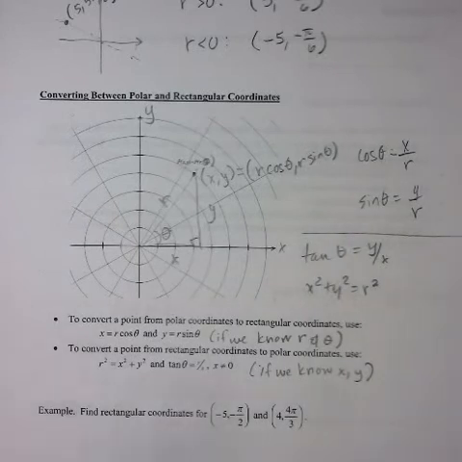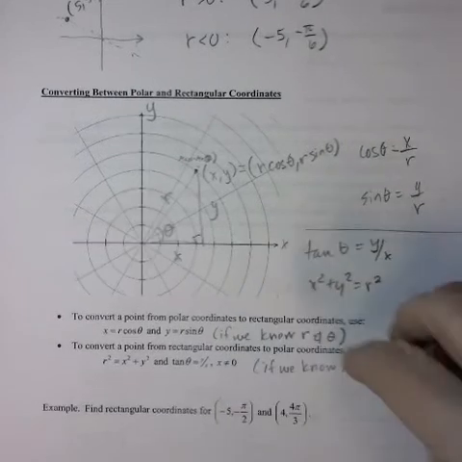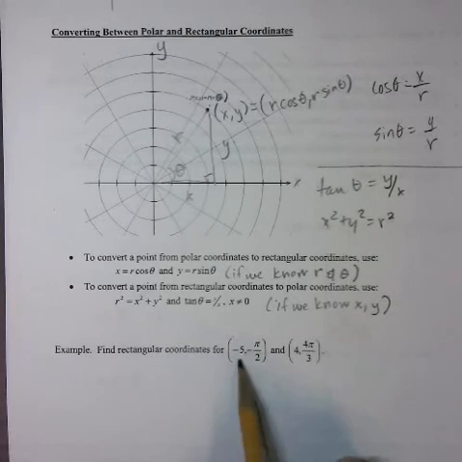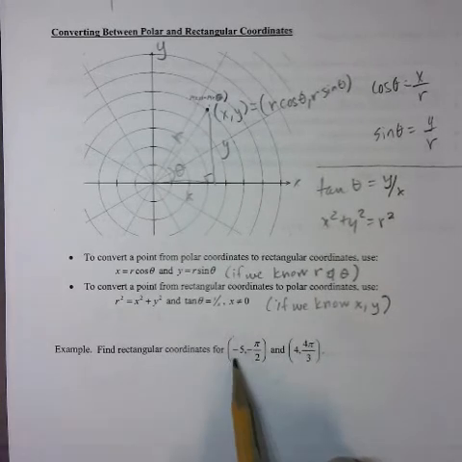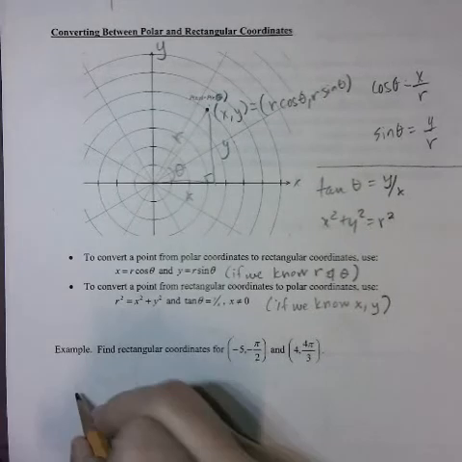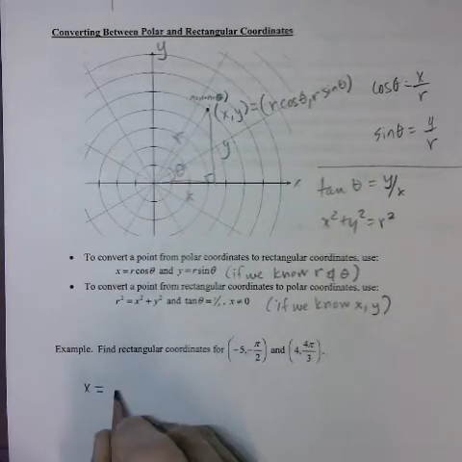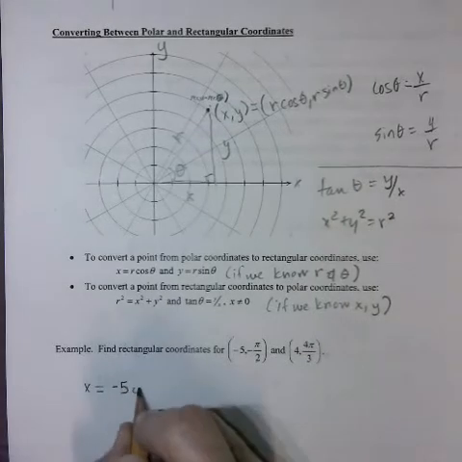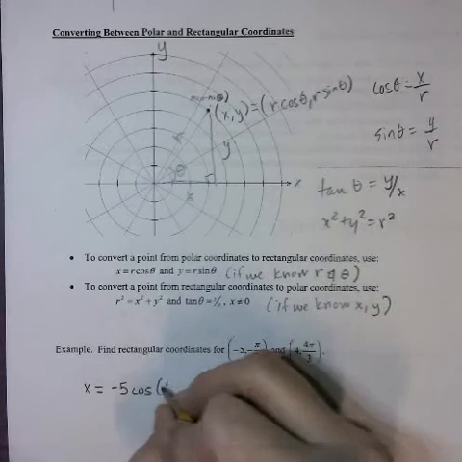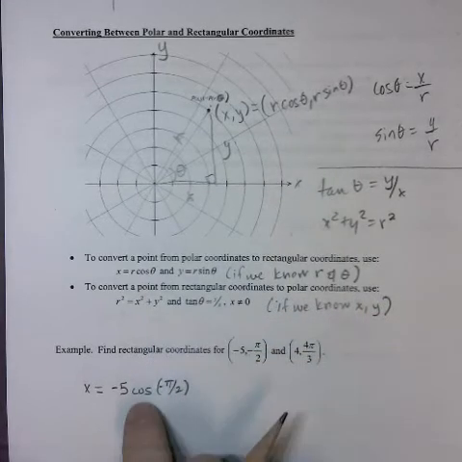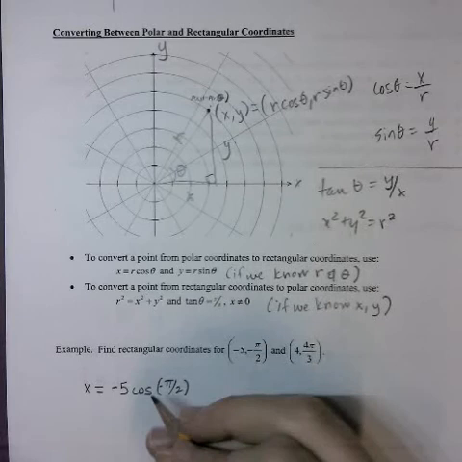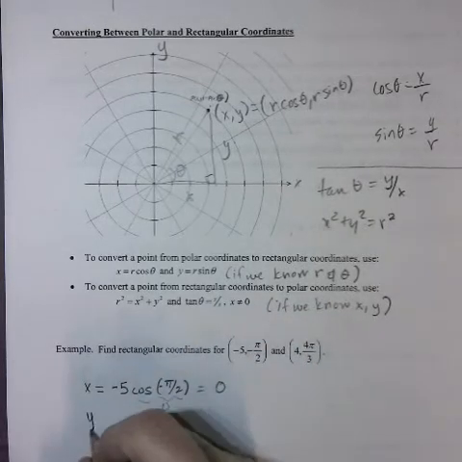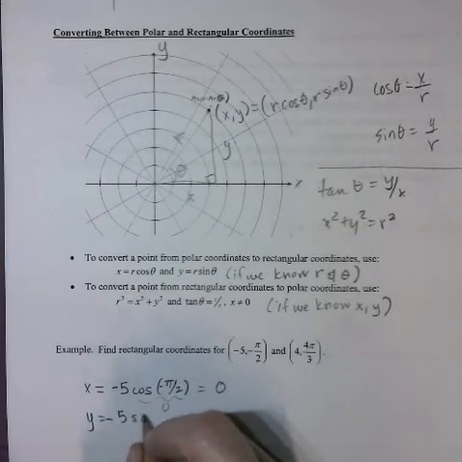So let's apply both sets of formulas here. If we want rectangular coordinates, and these are polar points, for A, the point is -5, -pi over 2. First we need to find x. X is r cosine theta, so negative 5 cosine of negative pi over 2. Cosine of negative pi over 2 is 0, so this is equal to 0. Y equals negative 5 sine of negative pi over 2.